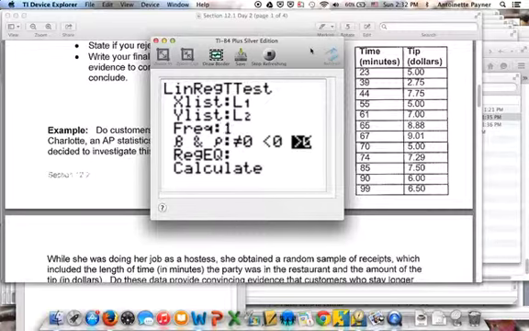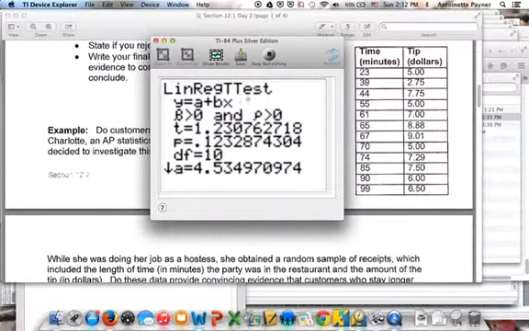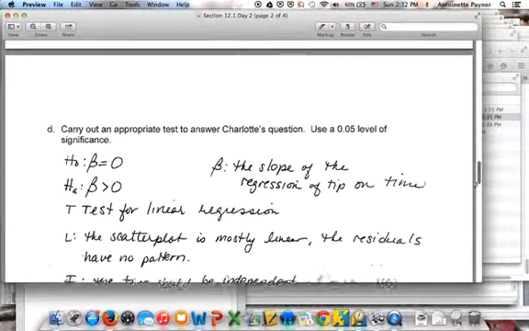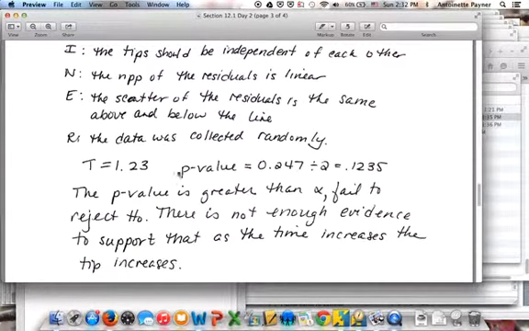Frequency you leave as 1, reg equation you leave blank. I'm going to hit calculate. So there's that test statistic again, and there's the p-value. So that's just another way. So that's 3 ways that you can get those values. Like I said, I just went straight to the computer output because it was given to me.